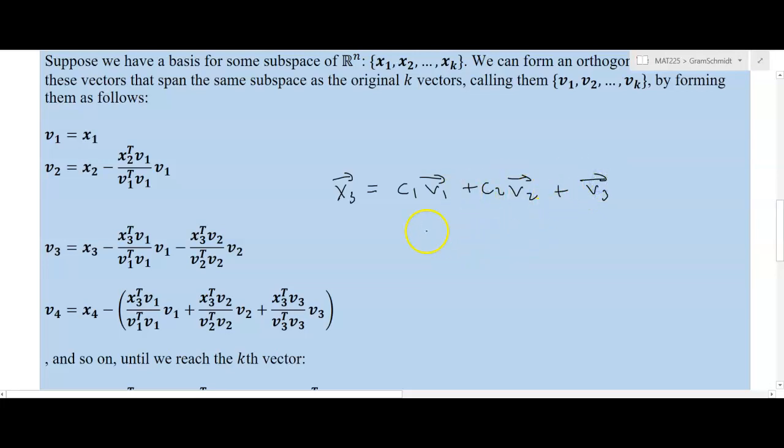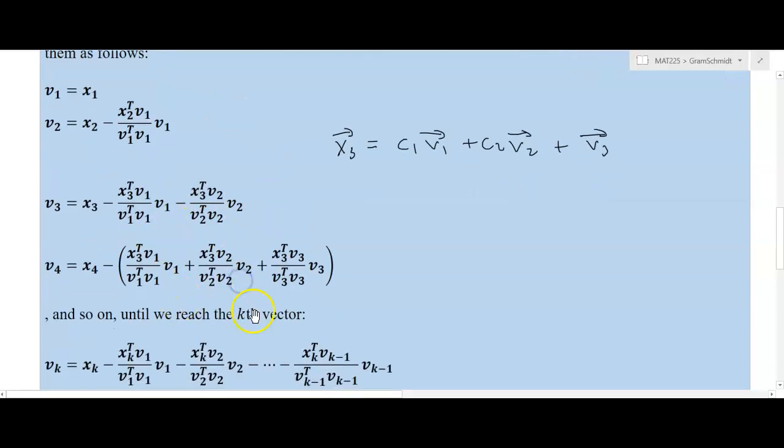And now when I rearrange this, these are all perpendicular, so I could generate x3 by using c1 and writing it as x3 dotted with v1 divided by v1 dotted with v1, and c2 I could replace with x3 dotted with v2 divided by v2 dotted with v2, and then move things over to solve for v3, I would get this expression here. And this all goes back to the notions of orthogonality, and we would repeat this process indefinitely for the remaining vectors.